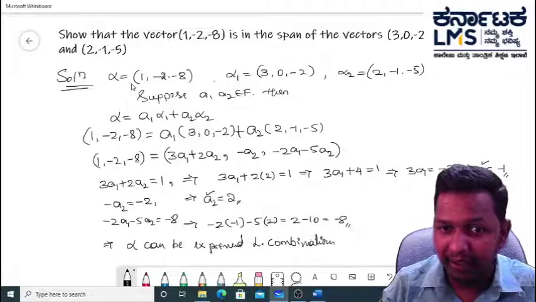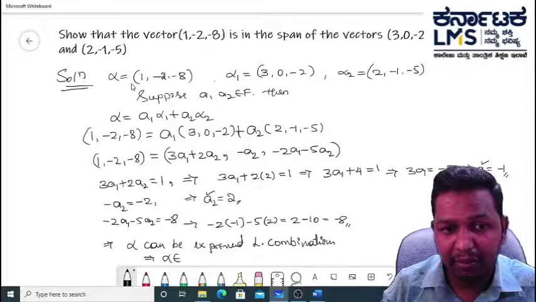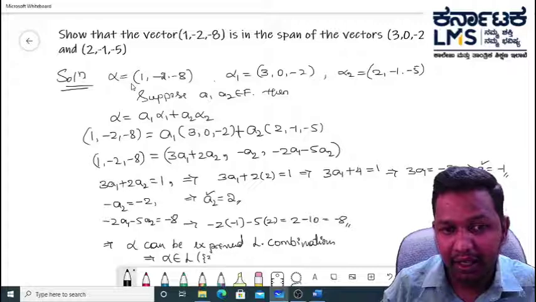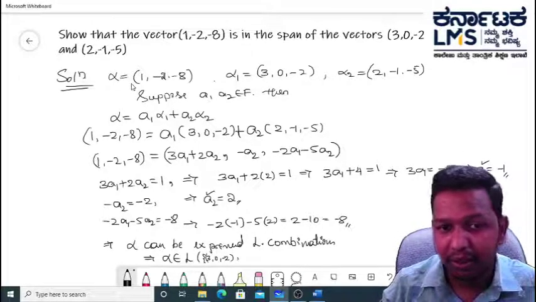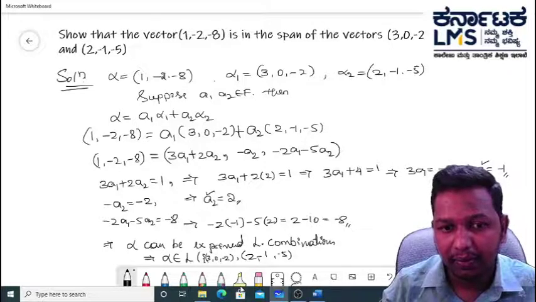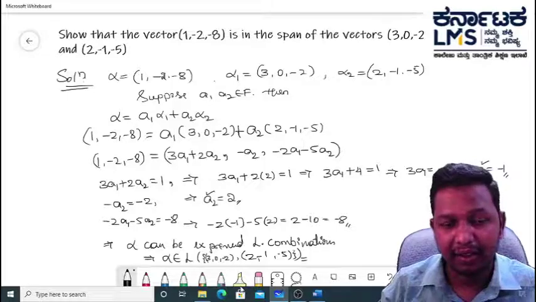Alpha can be expressed as a linear combination, which implies that alpha belongs to L of the set {(3, 0, -2), (2, -1, -5)}. So this completes the solution.